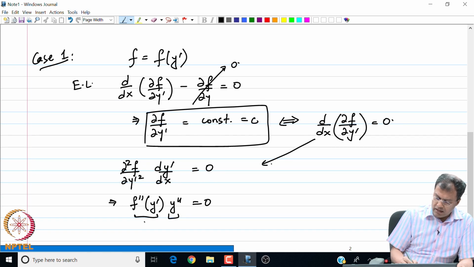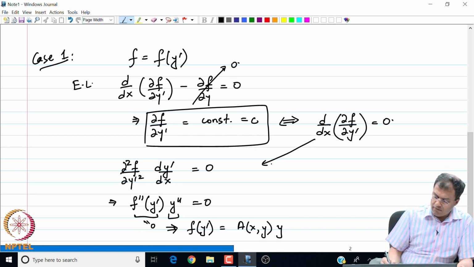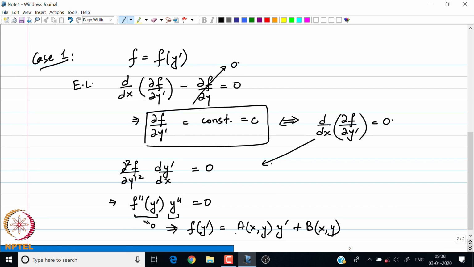So, if this quantity is 0, it implies that f of y prime is a linear function of y prime, right. So, that we can directly integrate f of y prime with respect to y prime twice, and we see that this is a linear function and this naturally reduces to case 4, which we will consider later. So, I am not going to consider the case where this is 0.